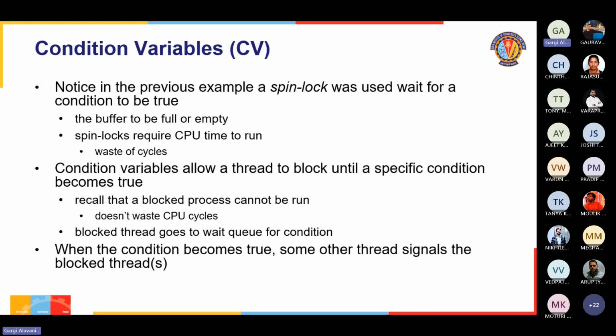Where a thread tries to acquire a spin lock which is already held, it will keep spinning and wait until the lock is released. That's the difference.